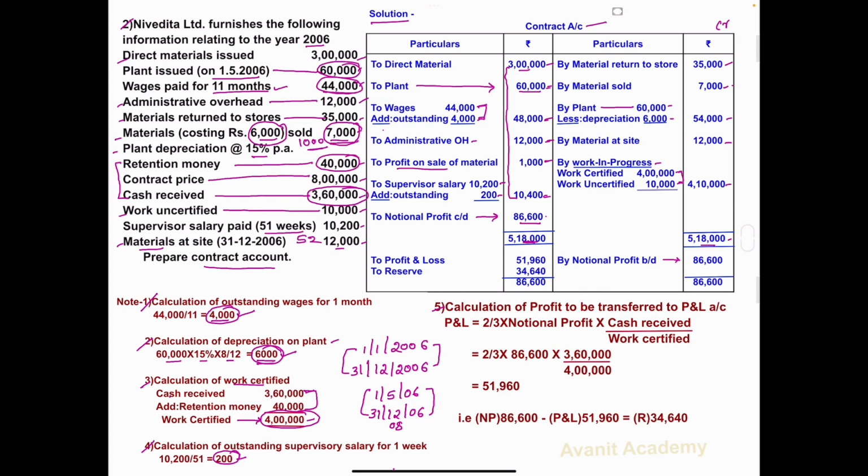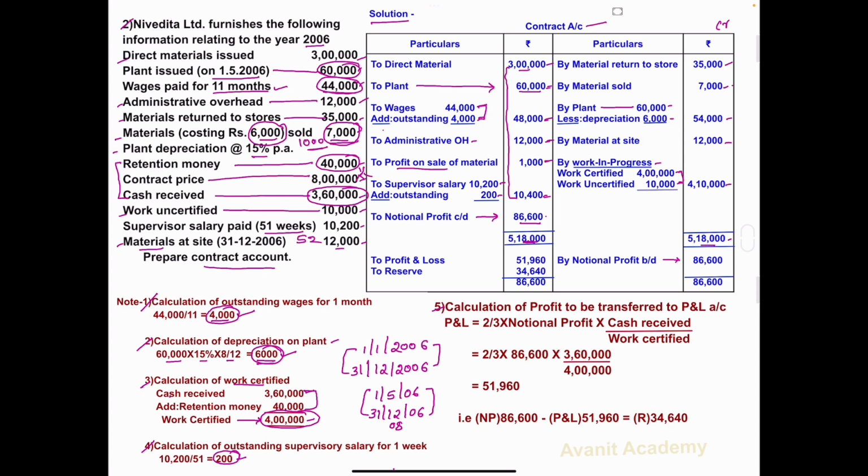Third is if the work completed is half or more than half, in that case what we have to do? 2/3 of notional profit is transferred to profit and loss account. So contract price is 8 lakh. 8 lakh into half, how much will you get? 4 lakh.